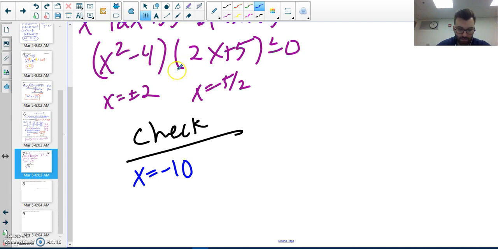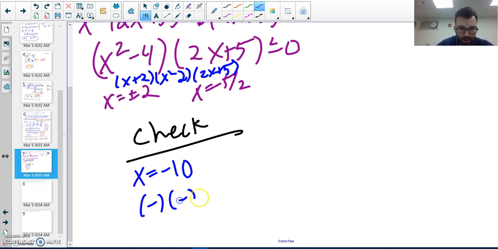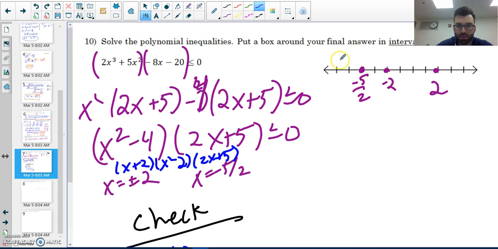If I plug it in here, remember, this is x plus 2, x minus 2 times 2x plus 5. If I plug in negative 10, I'll have a negative, and a negative number, which will result in a negative number, which is less than or equal to 0. So this interval works.